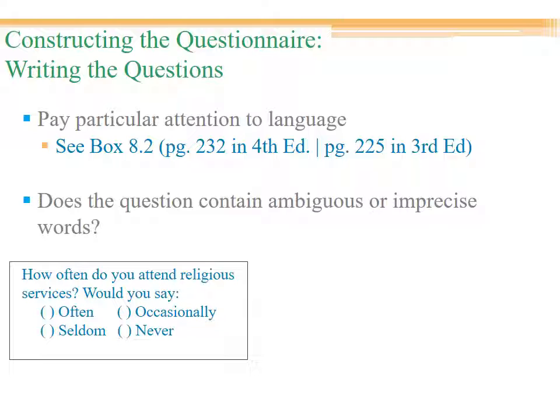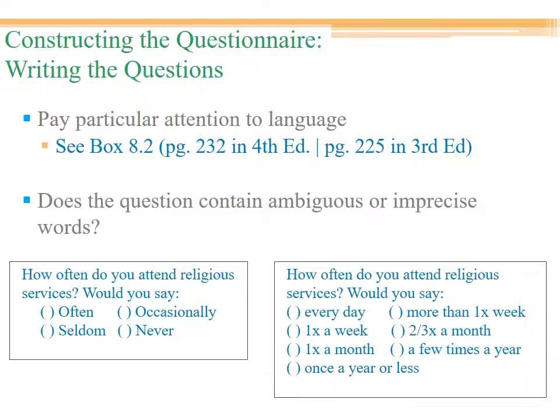It doesn't necessarily have to be in the question itself. So, there was something ambiguous or imprecise. It was the options. Occasionally or seldom can mean one thing to one person and something else to another. We would do better to offer precise questions such as these.